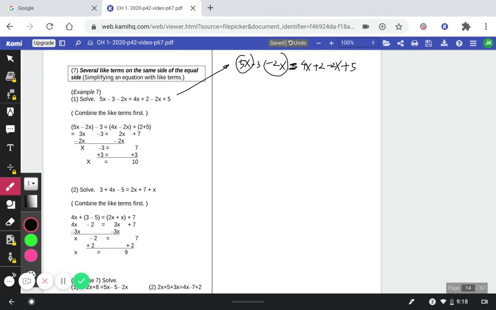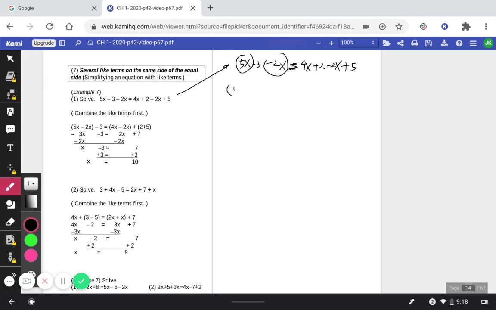If you have x in both sides, you move one of them, preferably the smaller one, to the larger one's side. But that's the case when you have x in both sides of the equal sign. So what do you do if you have x on the same side? Well, you simplify them. You combine them, we call it.